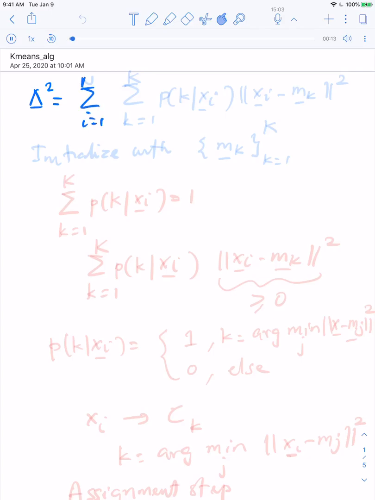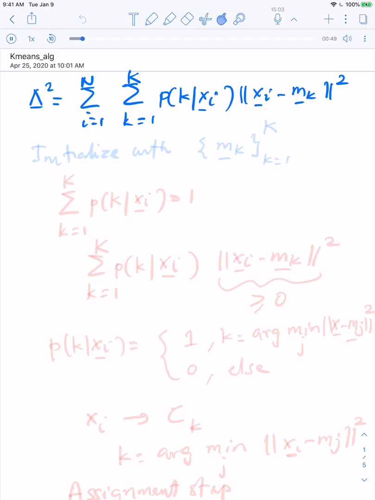It's the sum over the data points, or you can make it the average by dividing by n, of the average distortion, which is the probability that you're assigned to the kth cluster times the Euclidean distance squared between the data point i and the cluster center for the kth cluster, and we want to minimize over the assignment probabilities and the mk's. So let's say you're given the cluster centers.